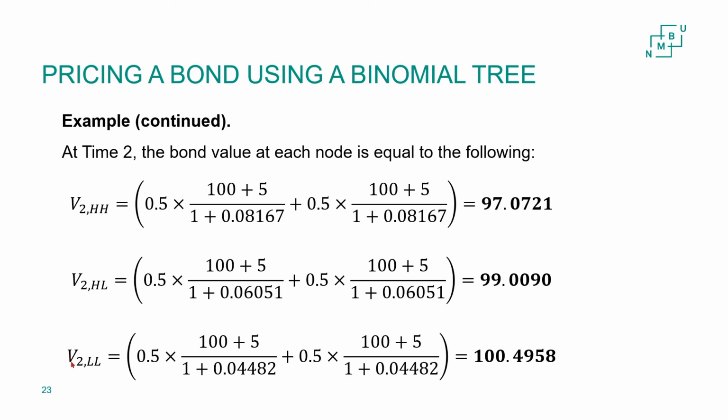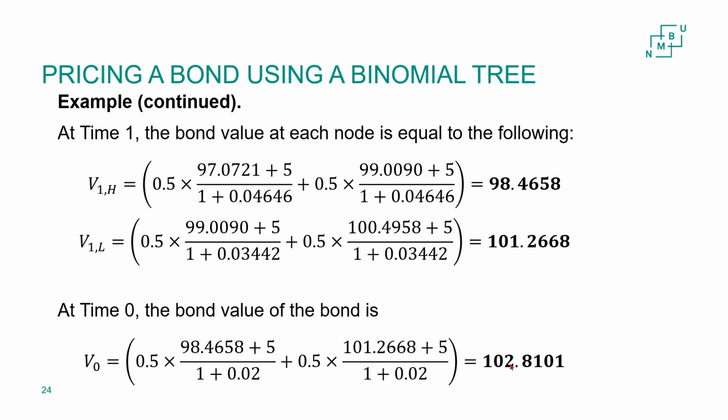And likewise, we calculate the same node after 2 down moves in the interest rate, and we get the value of 100.49. Okay? So what we can do now is calculate the time 1 present values, and at time 1 the nodes at time 2 values are used.